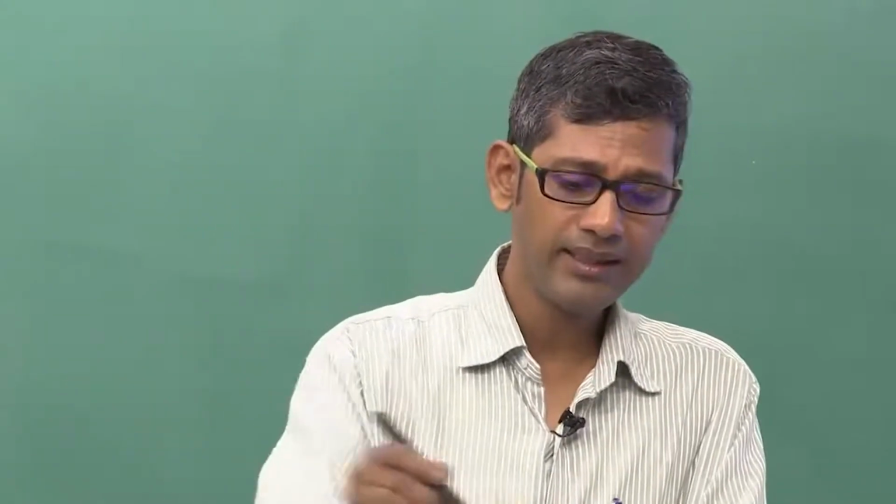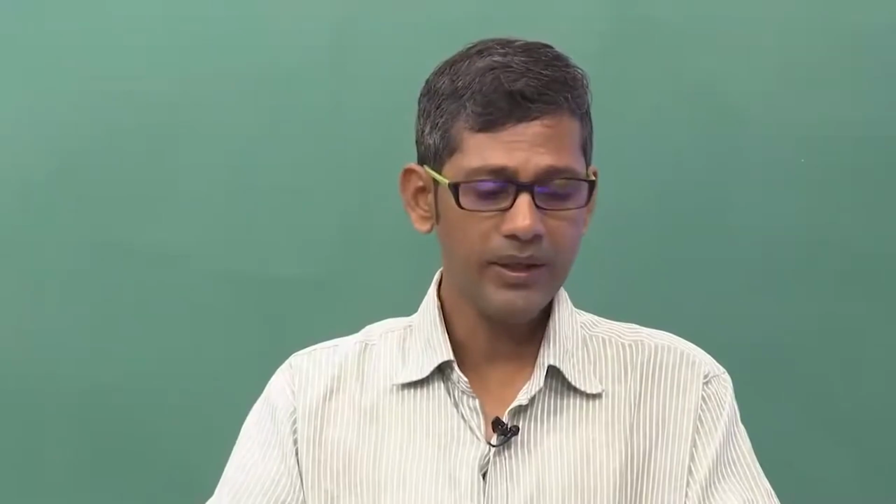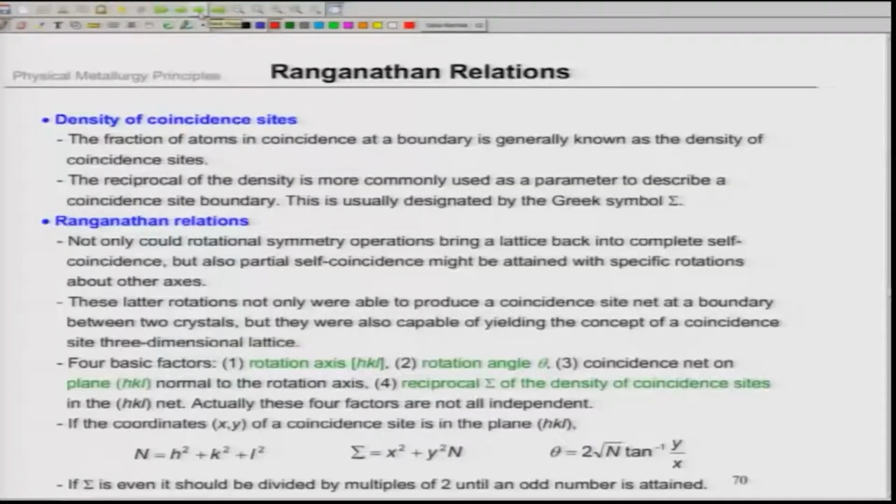So, in this regard there are a few things which were established in the literature, and one of the important things of coincident lattices is that the fraction of atoms in coincidence at the boundary is known as the density of the coincident sites, correct. Basically, all the atoms are not coincident with each other along the boundary.